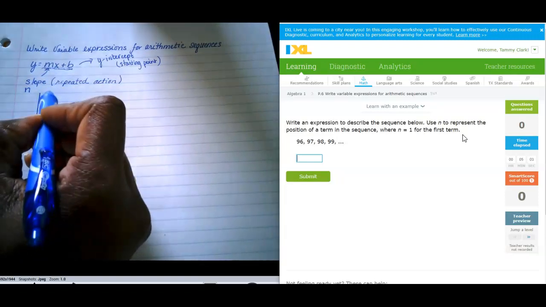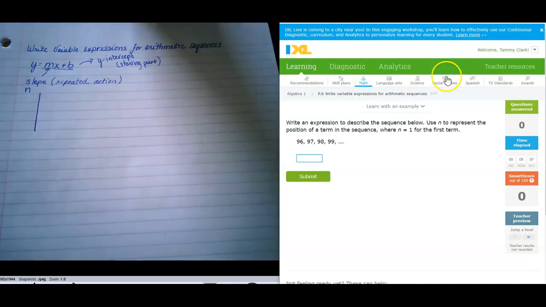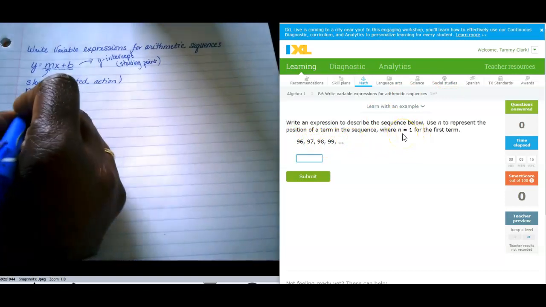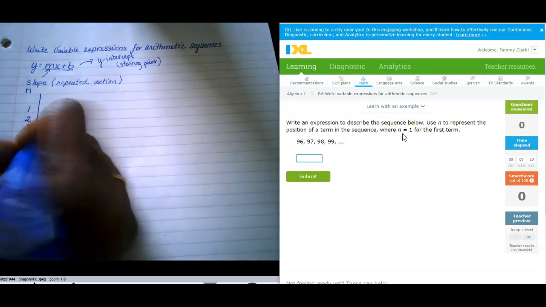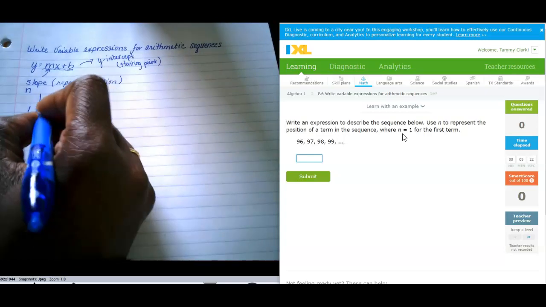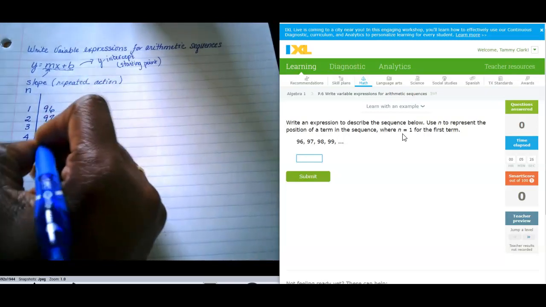And then here is going to be my output. Now, all of these numbers you see here are the output when the input starts at 1. So I'm going to start 1, 2, 3, 4. Those are my inputs. My output was 96, 97, 98, and 99.